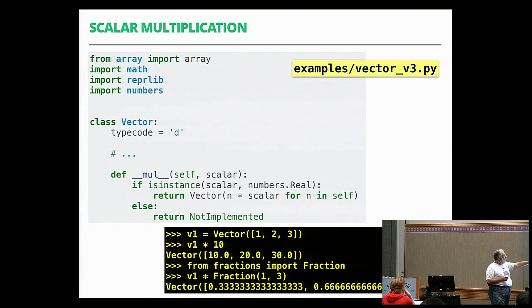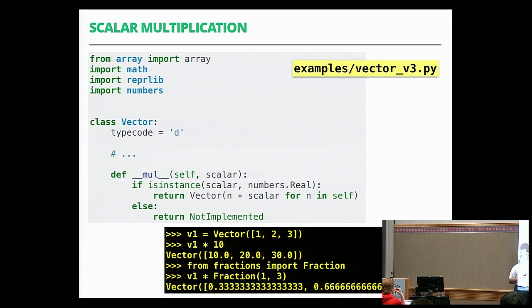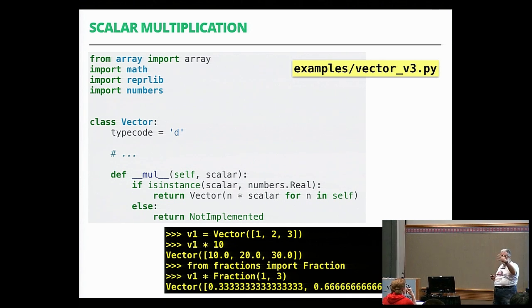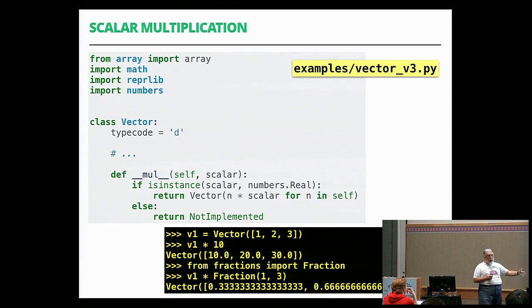The way I do this is I check whether the scalar argument is an instance of numbers.Real. So floats, ints, fractions, all of them satisfy this test. And then I use a generator expression: for each n component in self, I multiply that component by the scalar, and then I build a new vector with that.